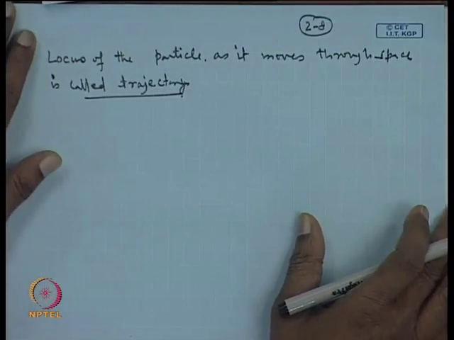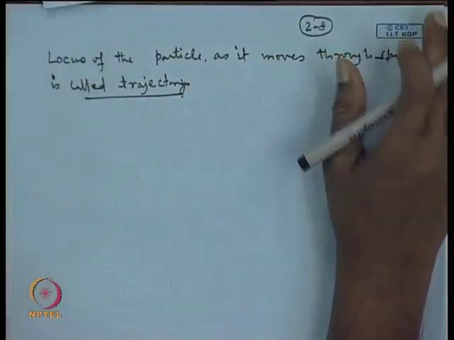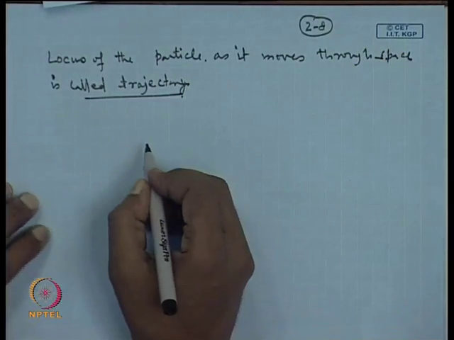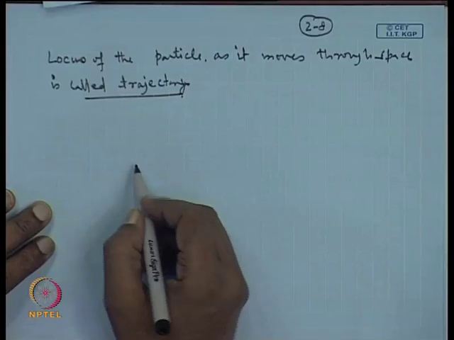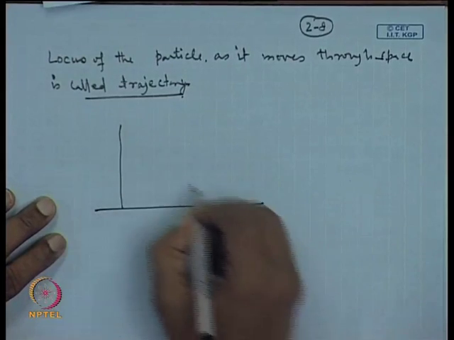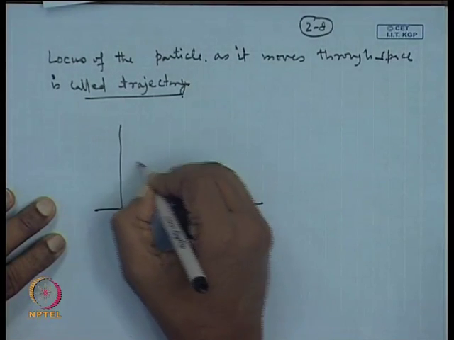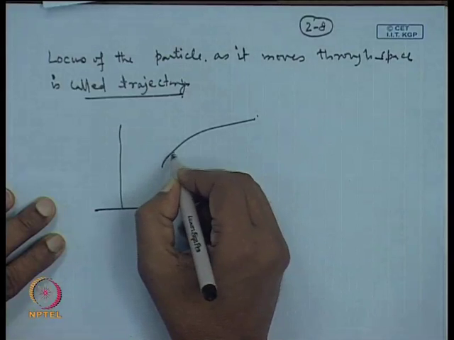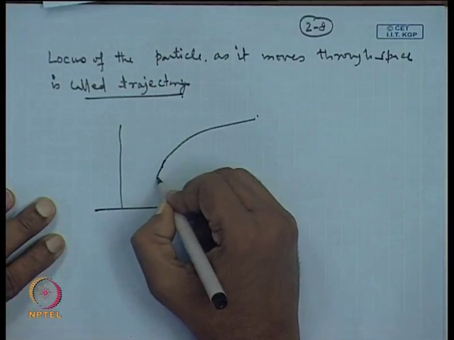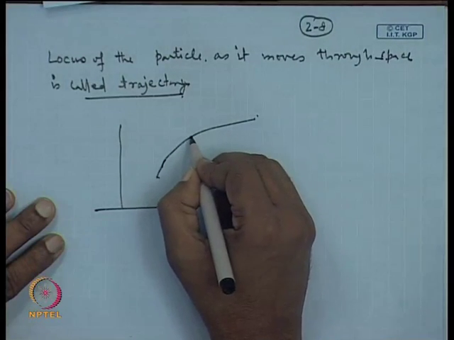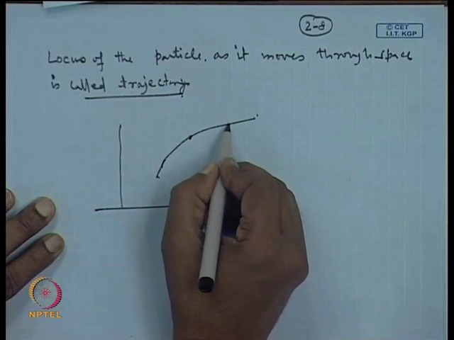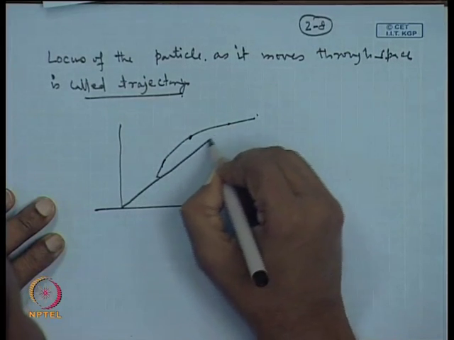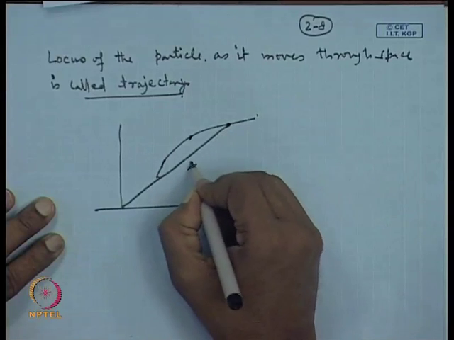Quite often we are interested in writing the velocity in terms of the trajectory variables. What do I mean? If I represent this trajectory here, say this is the r vector.